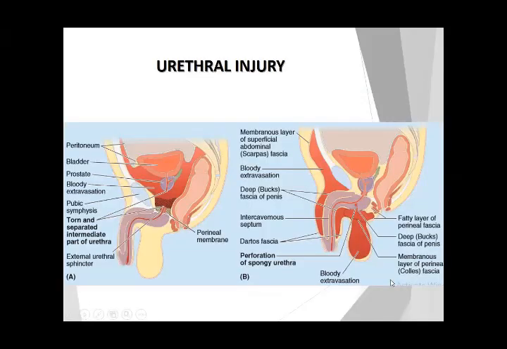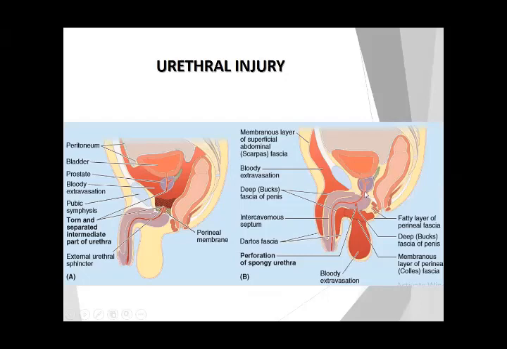Now, this last part is extremely important, beta, very, very important from your practical point of view especially, and of course your examination point of view also. This diagram is taken from your book. Okay. If there is an injury, this is the urethra.